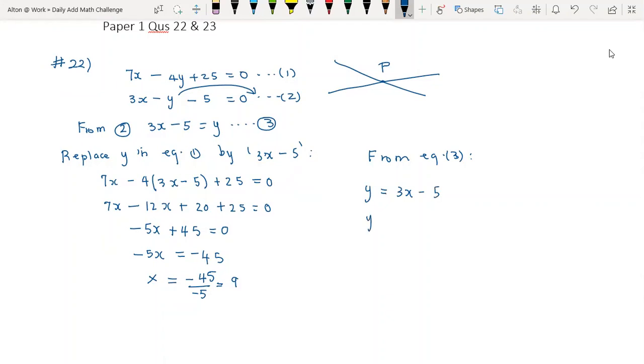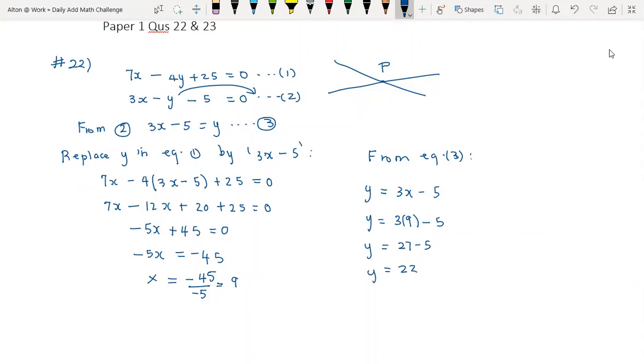So y equals 3 by 9, minus 5. Let's make sure we write this down properly. We are solving for y. So y gives us 27 minus 5. y equals 22.